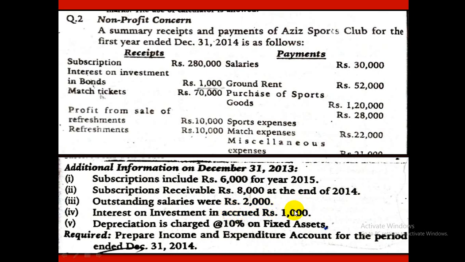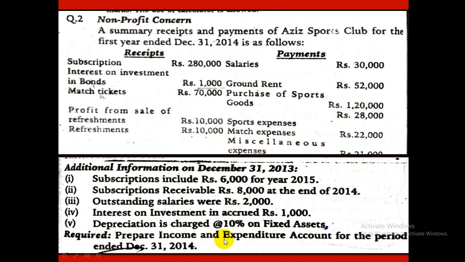So now we will consider this 1,000 as interest which is still receivable, and it should be added to our interest income. Depreciation charge on fixed assets is 10%. We can see only one fixed asset, that is sports goods, and we will calculate depreciation at 10% on this amount, and the depreciation amount will be 12,000.